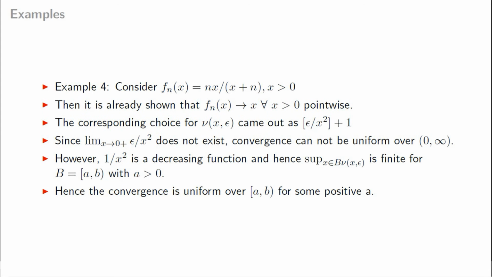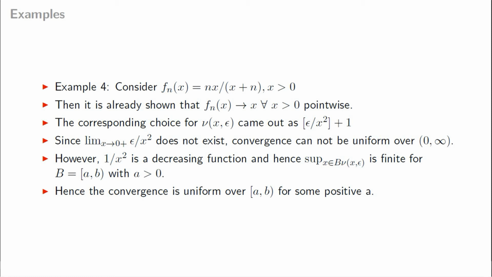So next, consider the sequence of functions n x divided by x plus n for positive x. It is already seen that the sequence of functions converges to x pointwise for all x greater than 0, and the corresponding choice for nu x epsilon comes out as the box of epsilon divided by x square, plus 1.